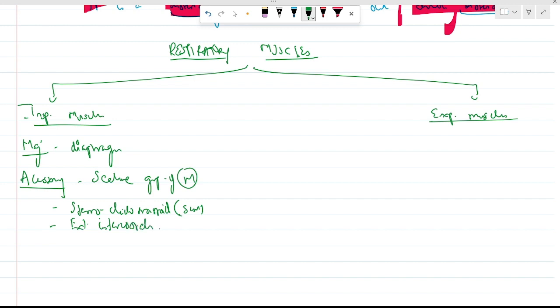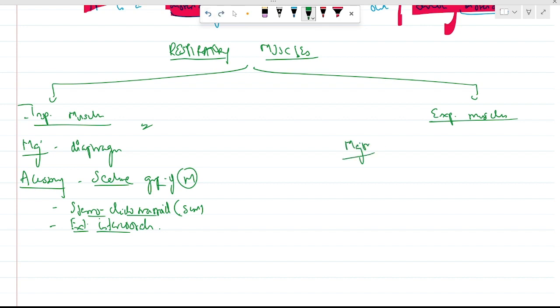So the scalene group, sternocleidomastoid, and external intercostals are accessory. Major is our diaphragm.